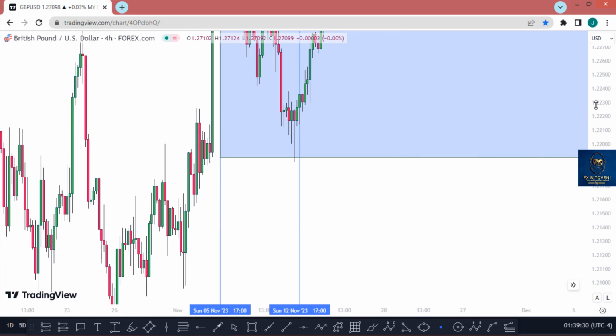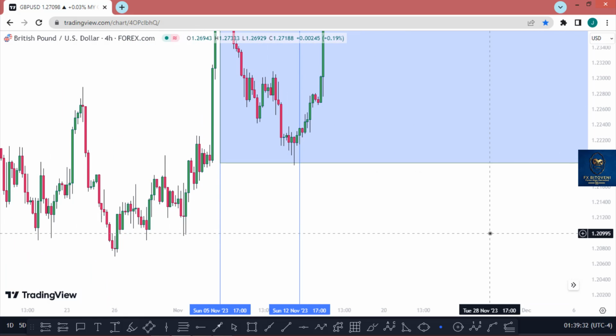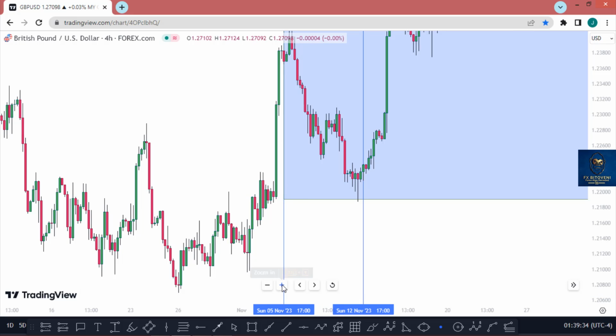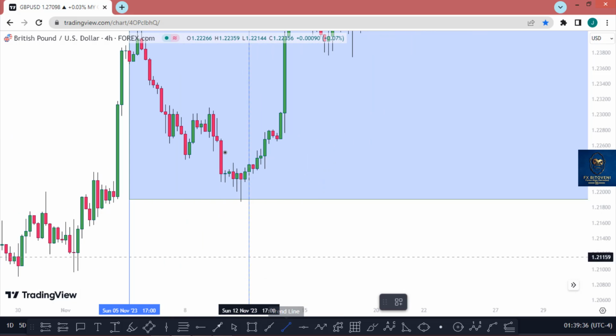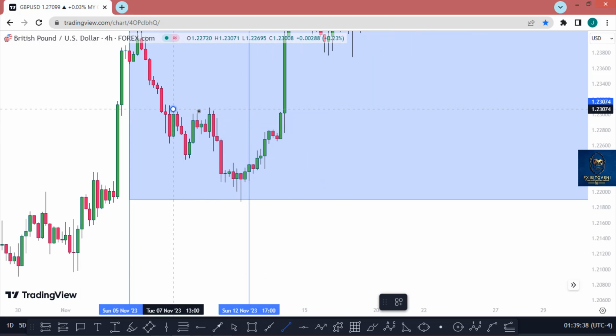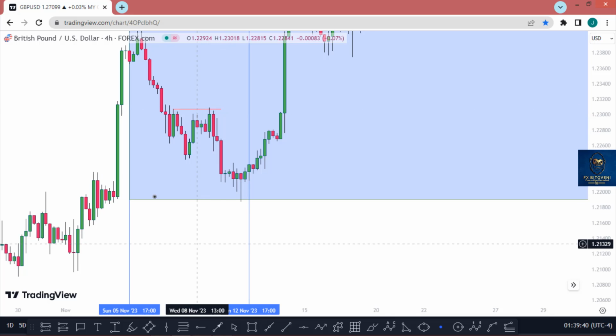On 4 hour, you have this type of pullback forming, as you can see. Liquidity was taken, the distribution, then price went down, taking more liquidities in this area.